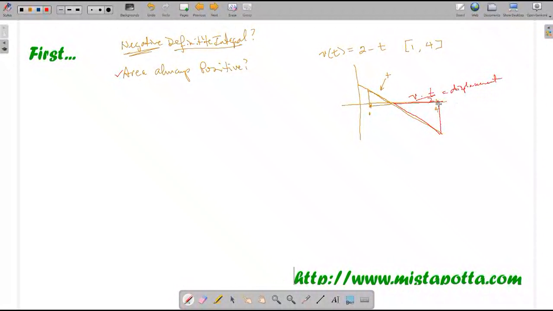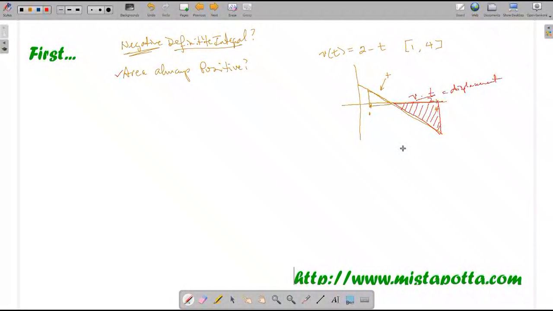And we know that displacement may be negative. And in fact, any time that I'm dealing with an area that lies below the x-axis, I'm really talking about a negative quantity, even though the area itself may be positive.